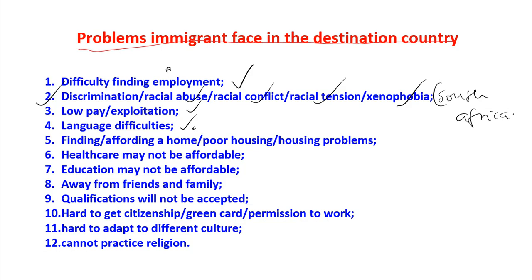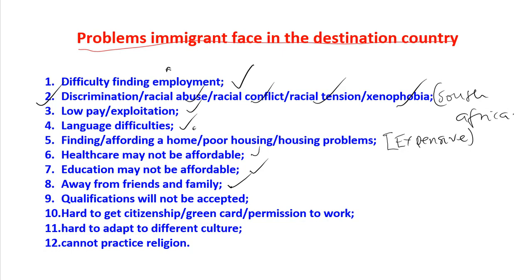Finding affordable homes is also hard, because homes in the destination region can be very expensive. Then healthcare may not be affordable. It's available but not affordable. You need money to be able to afford it. Education also may not be affordable. They usually move away from family and friends, so it's difficult to adapt.